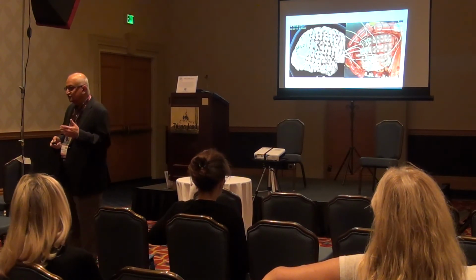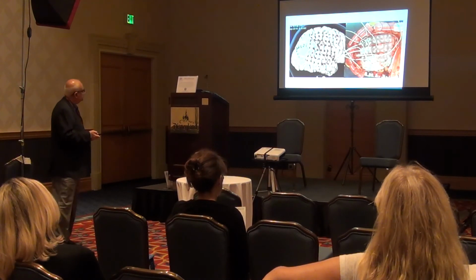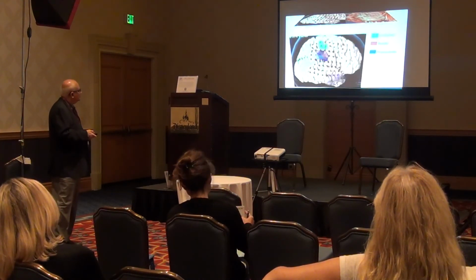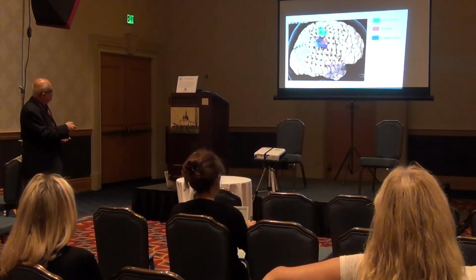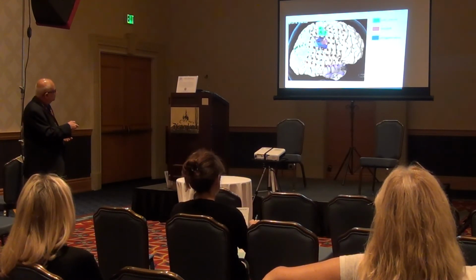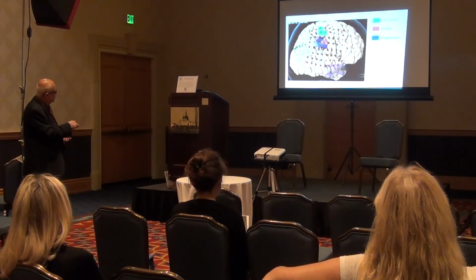You can do all those things. And when you do those functional mappings, then we represent here, functional mapping showed that left-handed motor area is right around there. This purple is face motor area. The blue is what the PET saw.